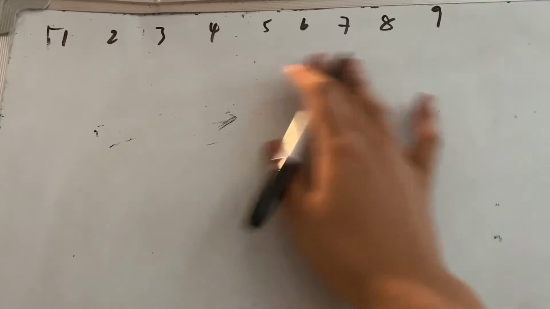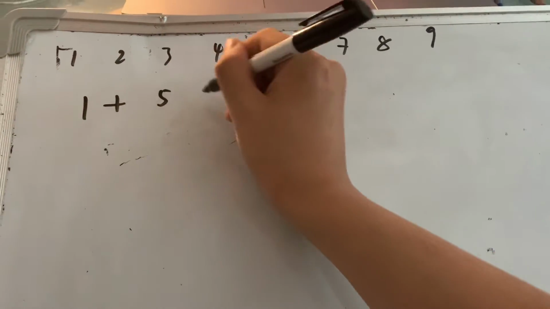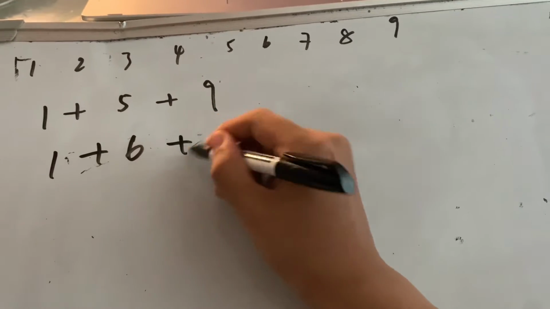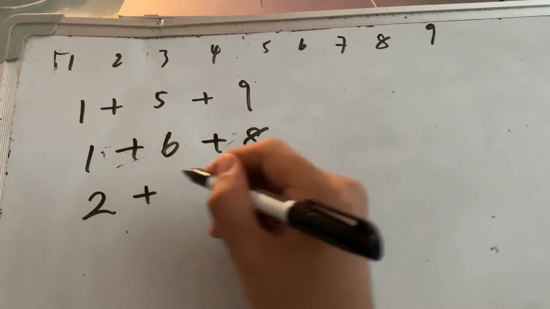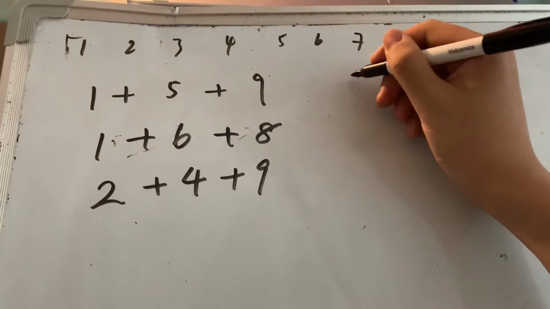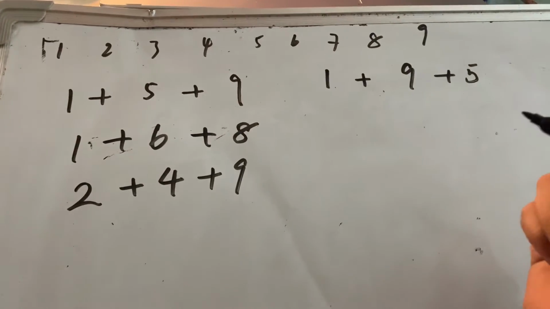Now let's talk about the number of ways to sum to 15. The first way is 1 plus 5 plus 9, which is obvious, and then 1 plus 6 plus 8. Please note that for the unique ways, the order doesn't matter. So this one and 1 plus 9 plus 5 are the same thing.